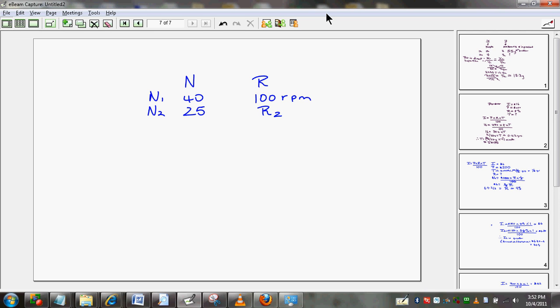So what you have to ask yourself is, is this direct proportion or is this indirect proportion? That's the first question. It's indirect. But why is it indirect? Because what you would expect is that if the number of teeth goes down, then the revolutions per minute would go up.